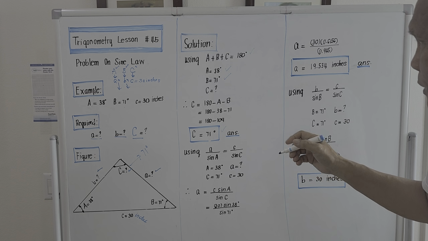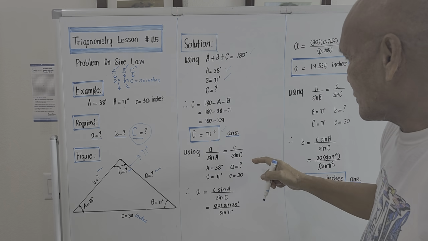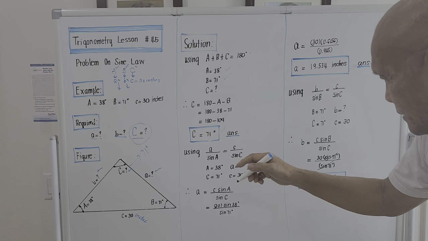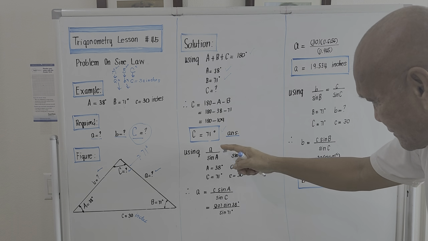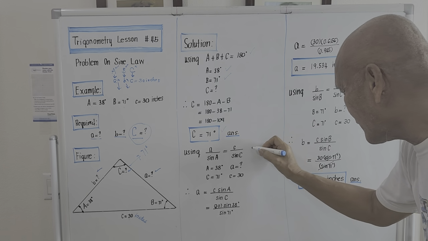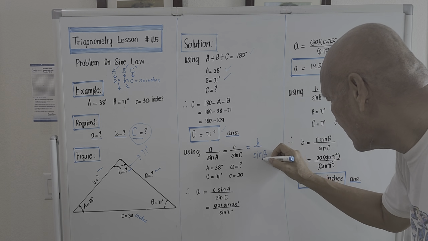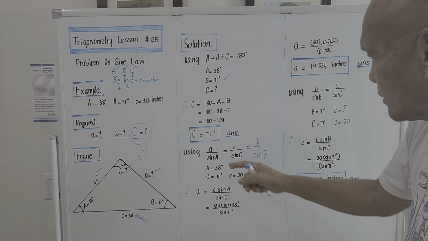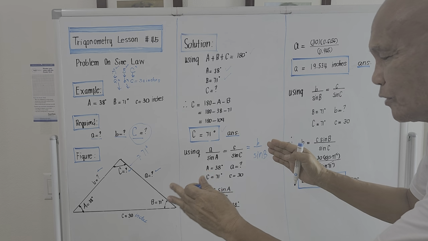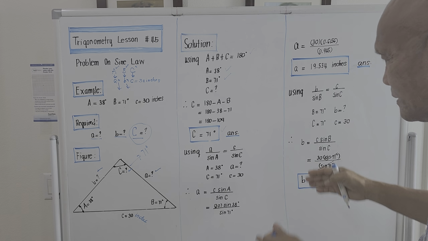So angle C now will be 71 degrees. To compute for the other unknown, we are now given angle C. Let's try to compute for side A. Using the sine law formula, side A over sine of angle A equals side C over sine of angle C. This is actually equal to side B over sine of angle B. But in the solution for the value of A, we just need two equalities, so we neglect the third one, though we could also use it.